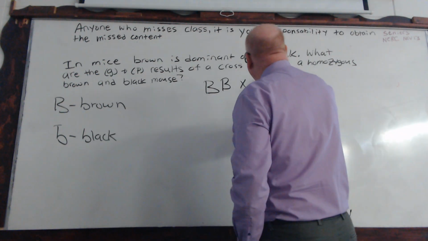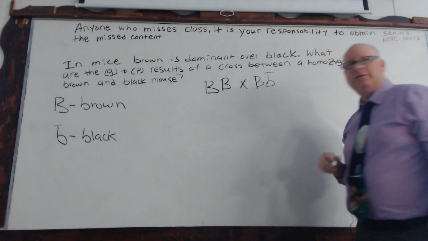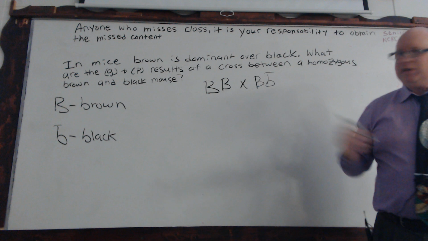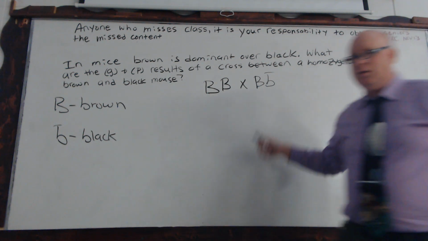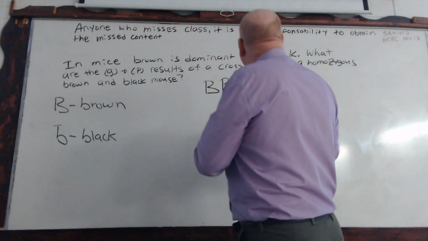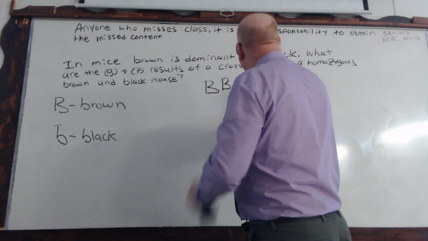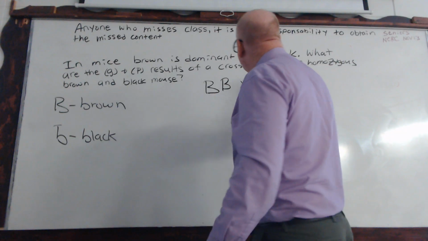Would this be a black mouse? It's got the recessive trait. It has to be two lowercase b's. Okay? Because this gets masked over by the other trait.